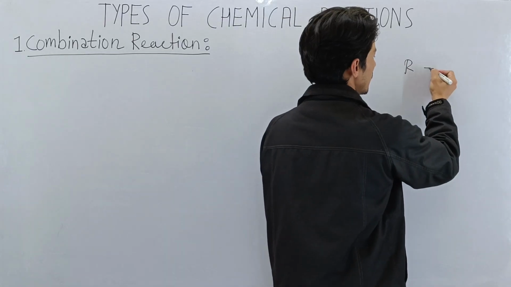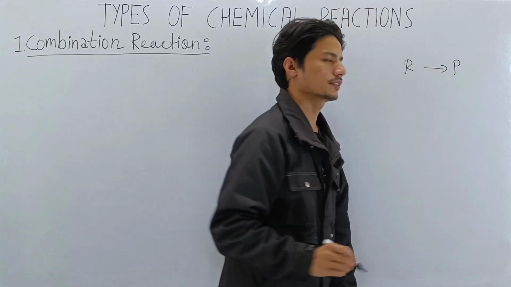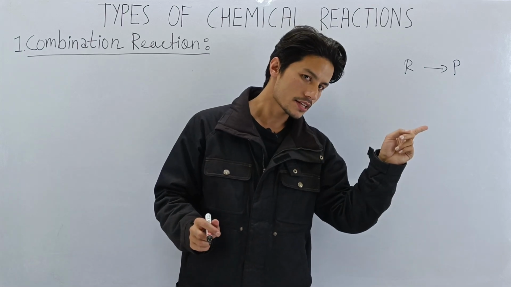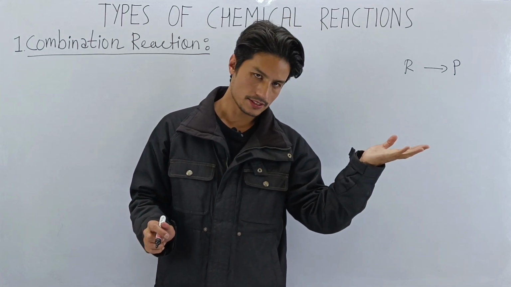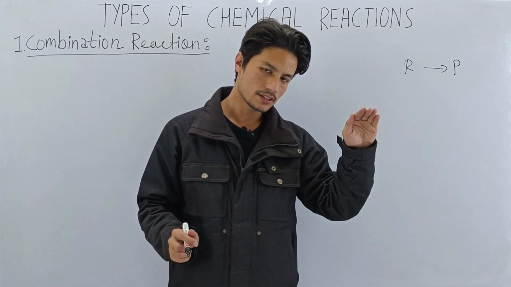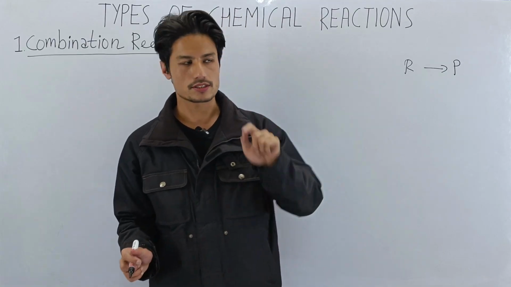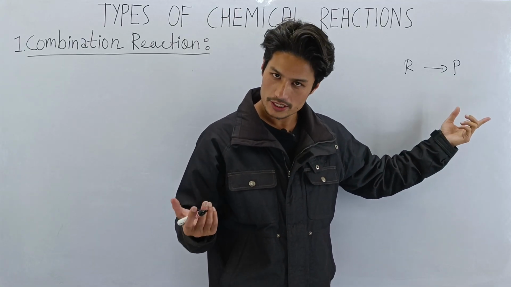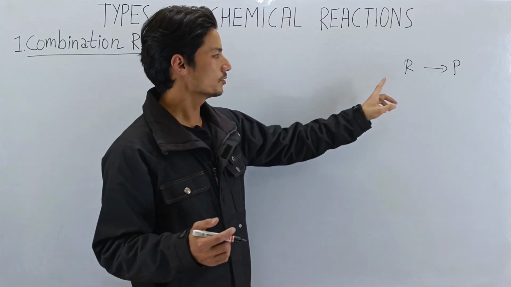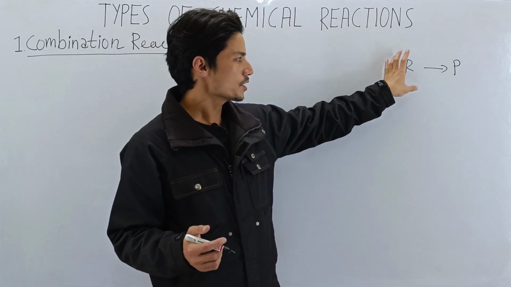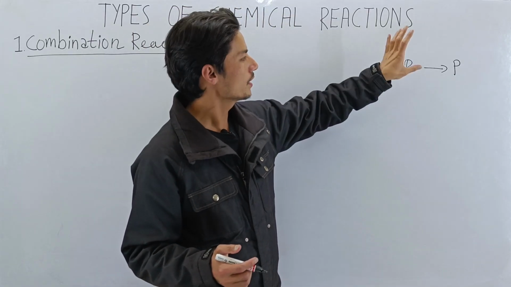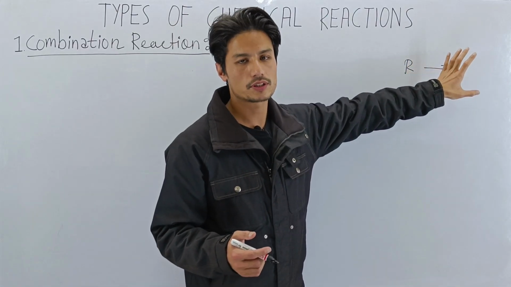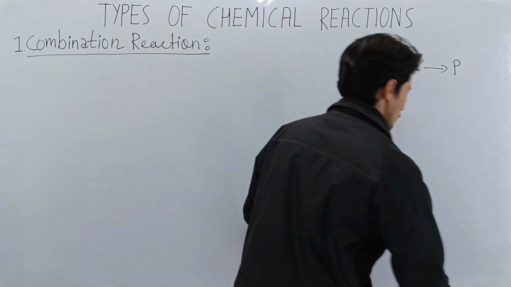Without reactants, there cannot be, what is the answer? Correct, products. No reactant, no product. Understood? Only when there are reactants, a chemical reaction will take place, which will give you the product. Clear?